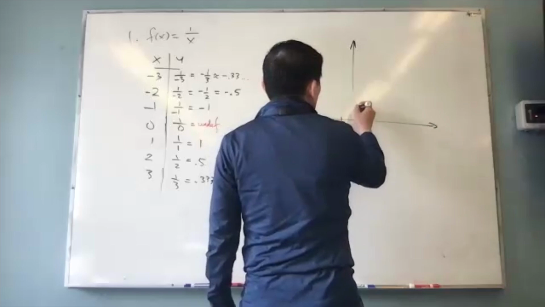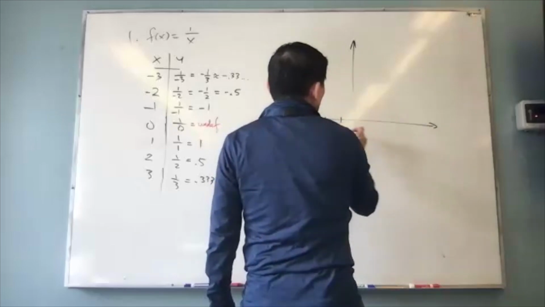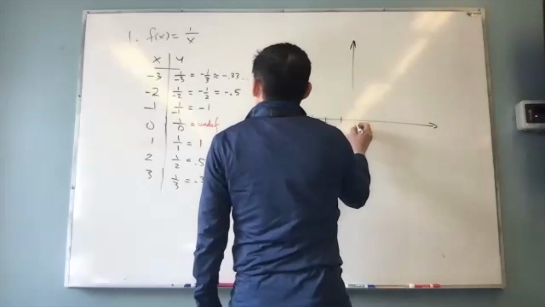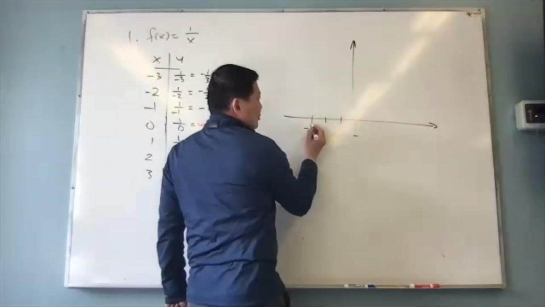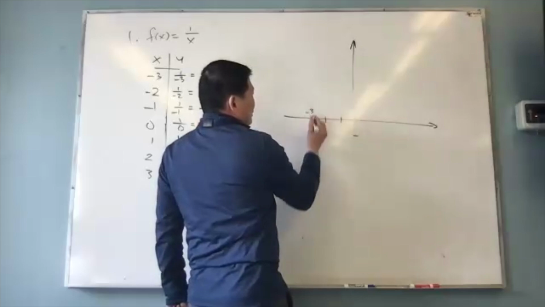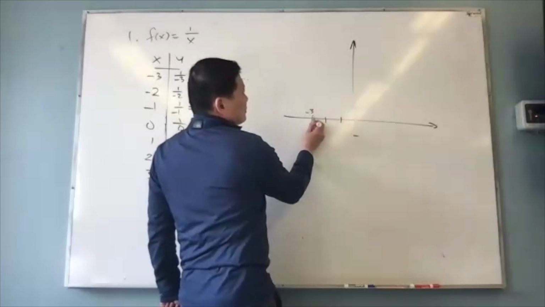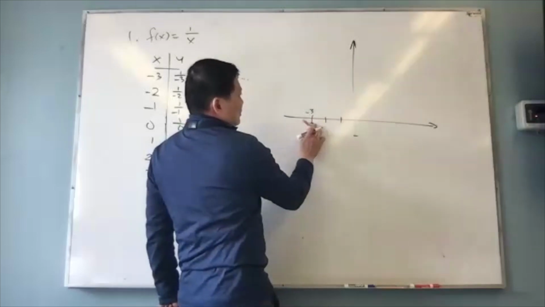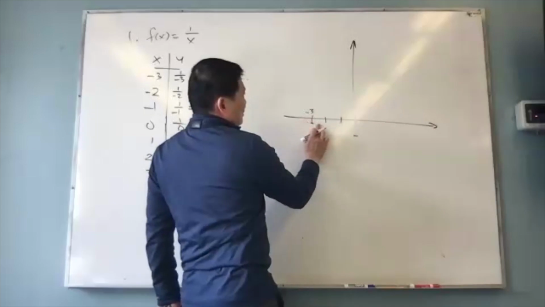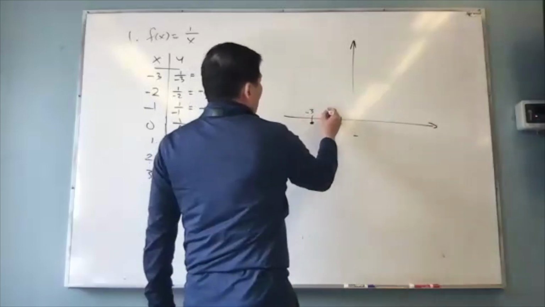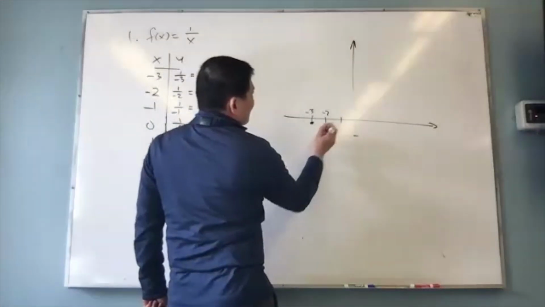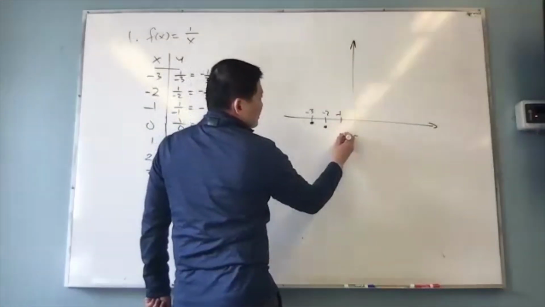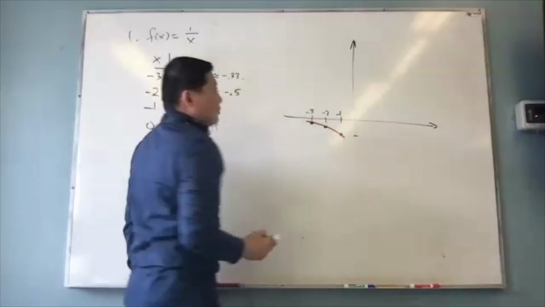At -3 this is -0.33, so it's about a third of 1 unit, so it's roughly around here, or maybe a little closer over here. At -2, I get -0.5, so right here. At -1, I get -1 over here.